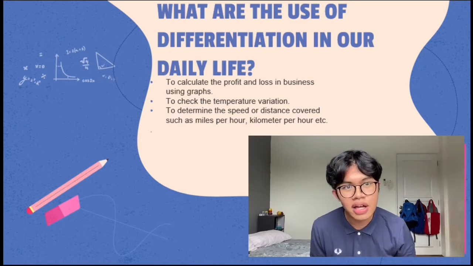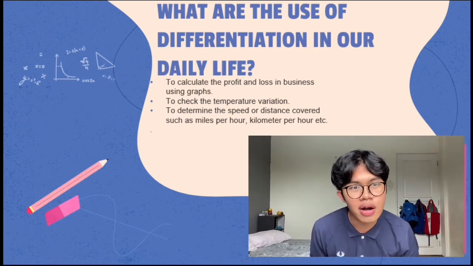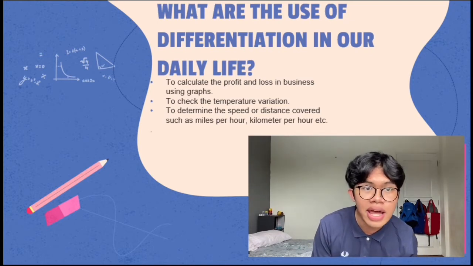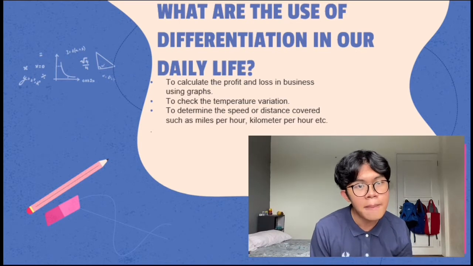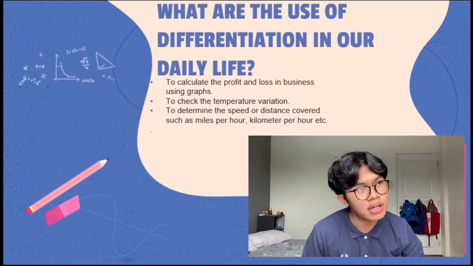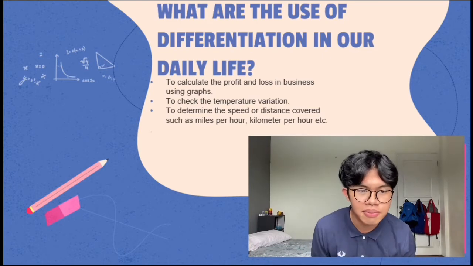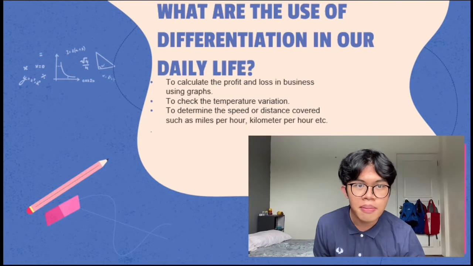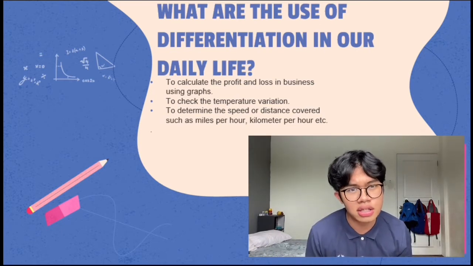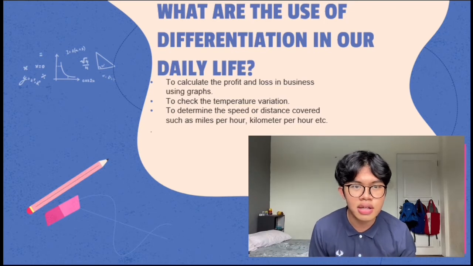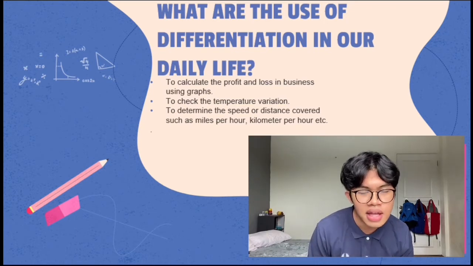Moving on, now I'm going to talk about the uses of differentiation in our daily life. If you are an economist, for example, you calculate the profit and loss in a business by using differentiation. If you are a scientist or a chemist, you check the temperature variation, and of course you use differentiation.